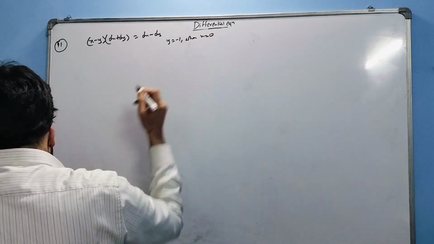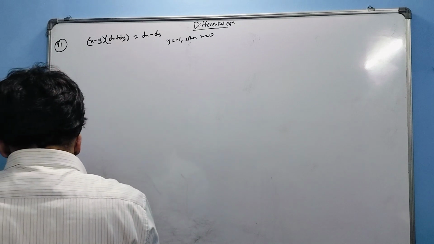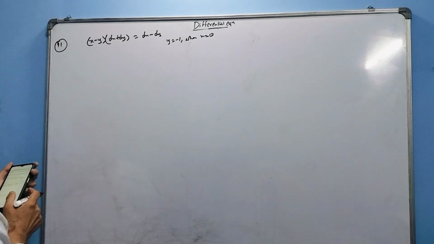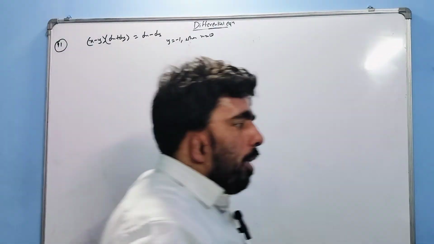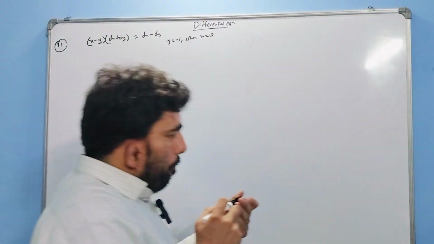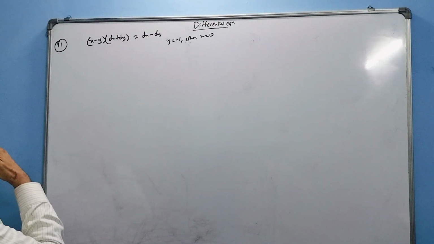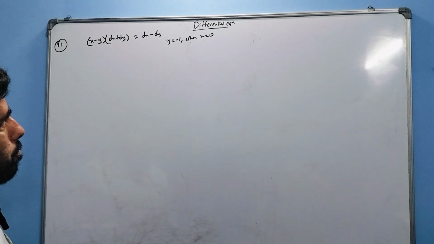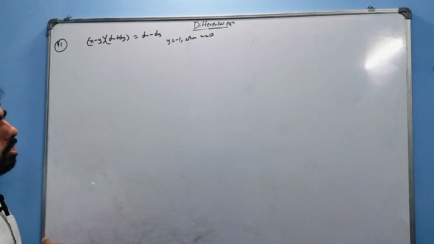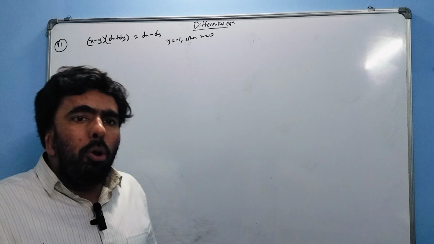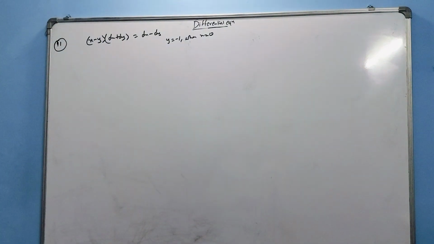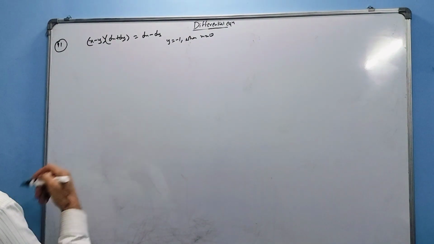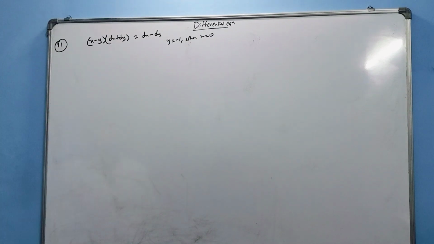Now they have given a hint also: put x minus y is equal to t. So now let us try to see how we can solve this differential equation and find a particular solution of this. They have given the condition also.